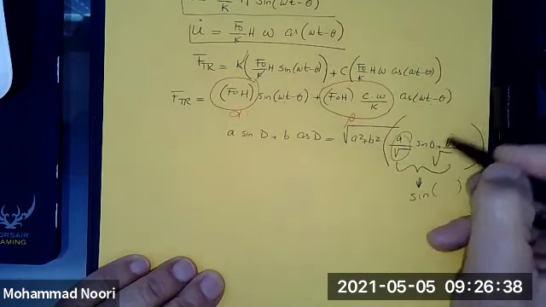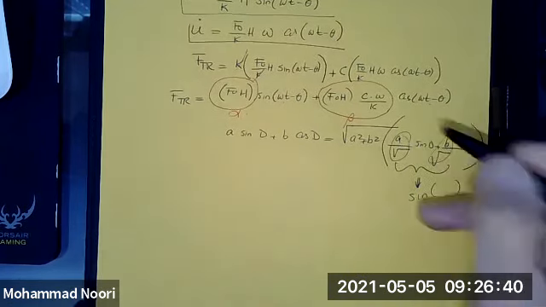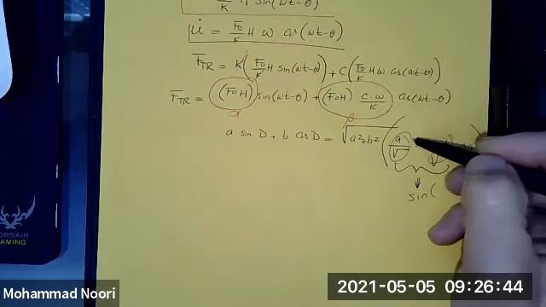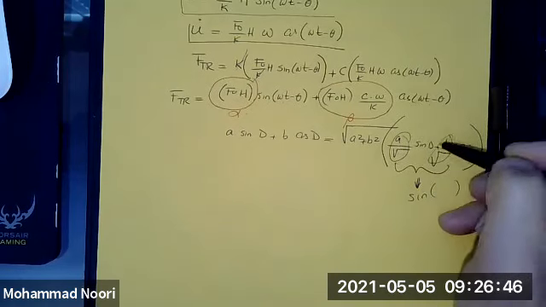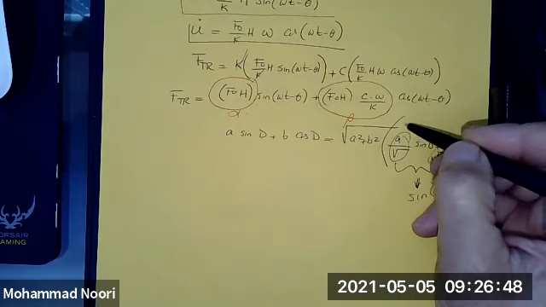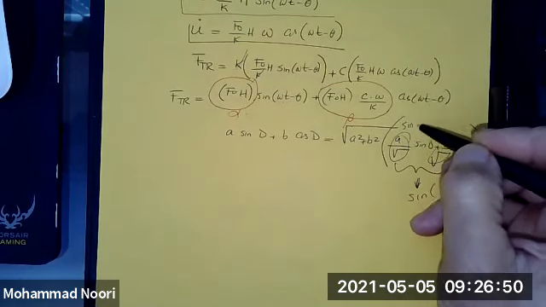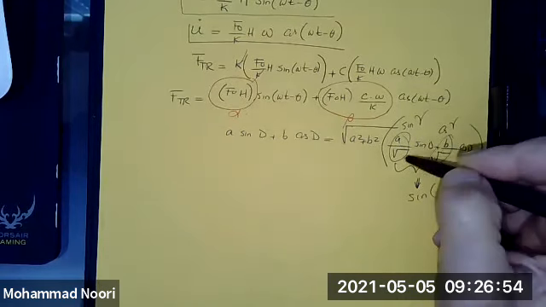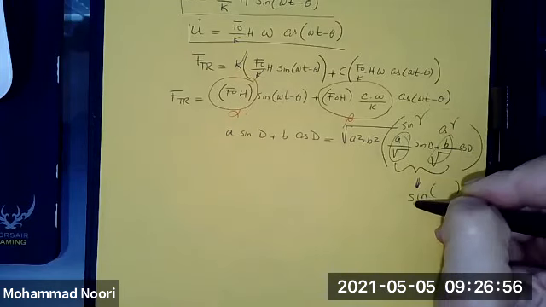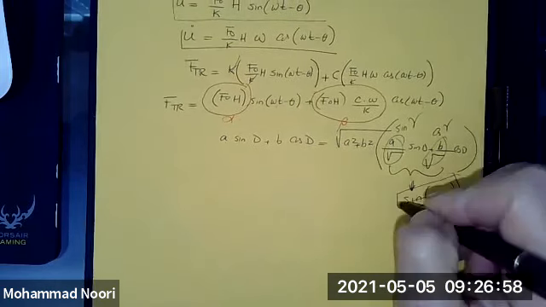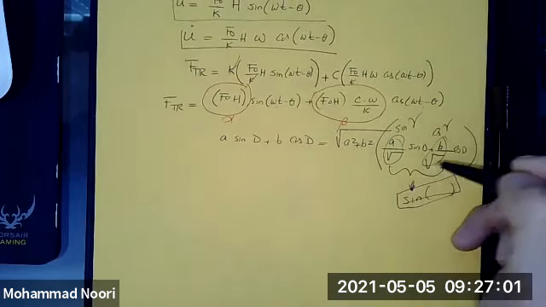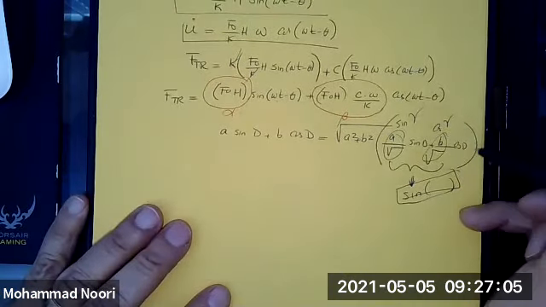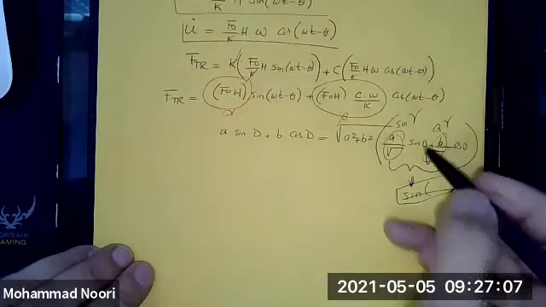This is sine of an angle, this is cosine of an angle, because we've done this before. The sum of the squares of these is always one. So this is the sine of an angle gamma, and this is the cosine of an angle gamma. So the trig identity tells me that this is a sinusoidal function, sine of gamma minus D. But I don't care about this part.